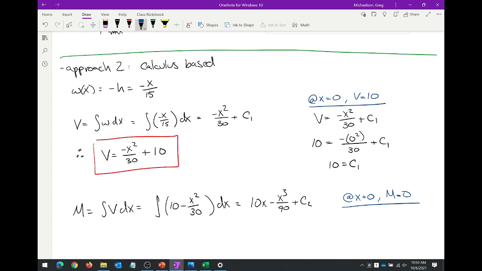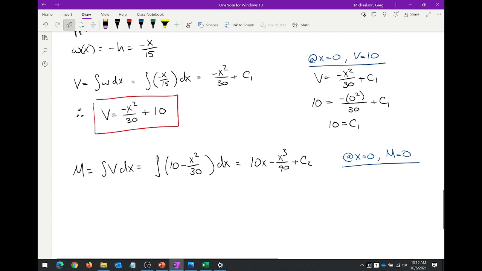So, I scroll down a little bit. M is 10 times x minus x cubed over 90 plus c2. 0 equals 10 times 0 minus 0 cubed over 90 plus c2. 0 equals c2.